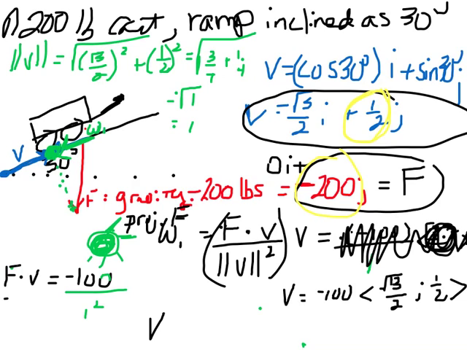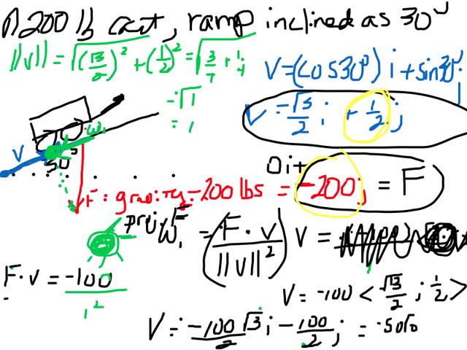All right, so W1 is equal to negative 100 times the square root of 3 over 2. Well, I could leave it like that. I could multiply it out. Sometimes they'll write it this way, negative 100 square root of 3 over 2 i minus 100 over 2 j, and of course we could simplify that into negative 50 square root of 3 i.